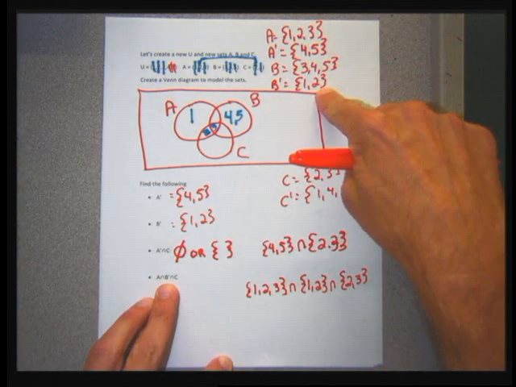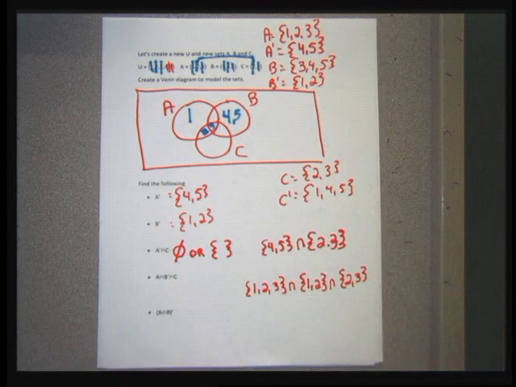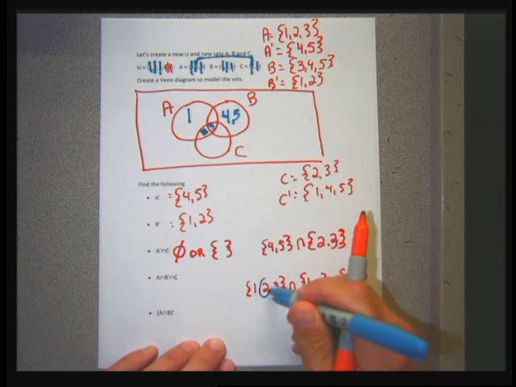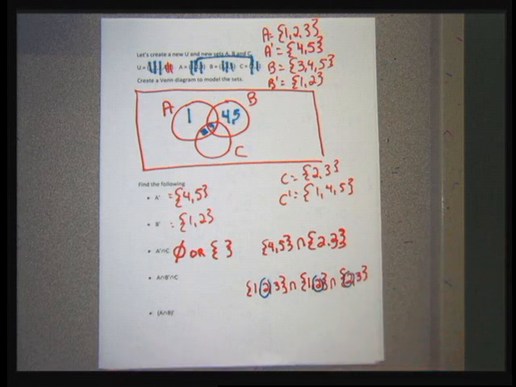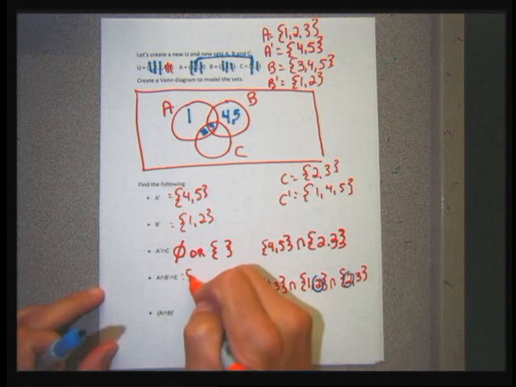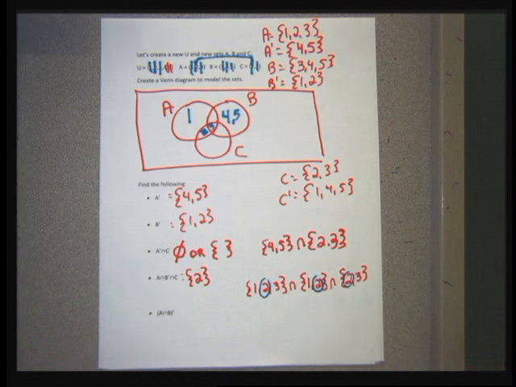B prime was 1 and 2. C is 2 and 3. When I intersect sets, what they have in common, if I look at the three sets, A, B prime, and C, what they have in common is just the number 2. So the answer to the intersection of A, B prime, and C is just the number 2.